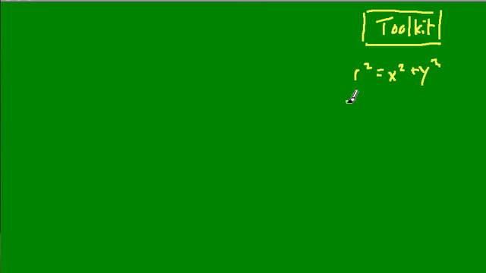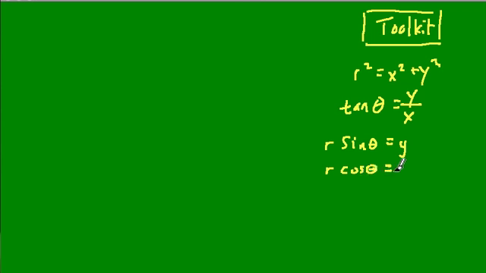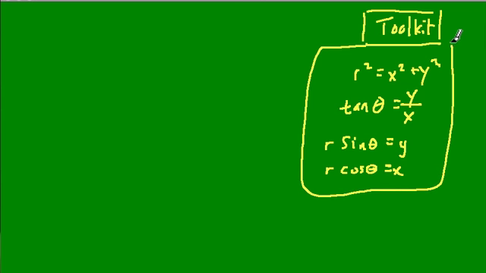And then we have the tangent of theta equals y over x, which is, I'm starting to realize, the slope. And sine of theta, right? R times the sine of theta is y, and r times the cosine of theta is x. And this is what we need to really go through these conversions, or I mean, these are very helpful to us.